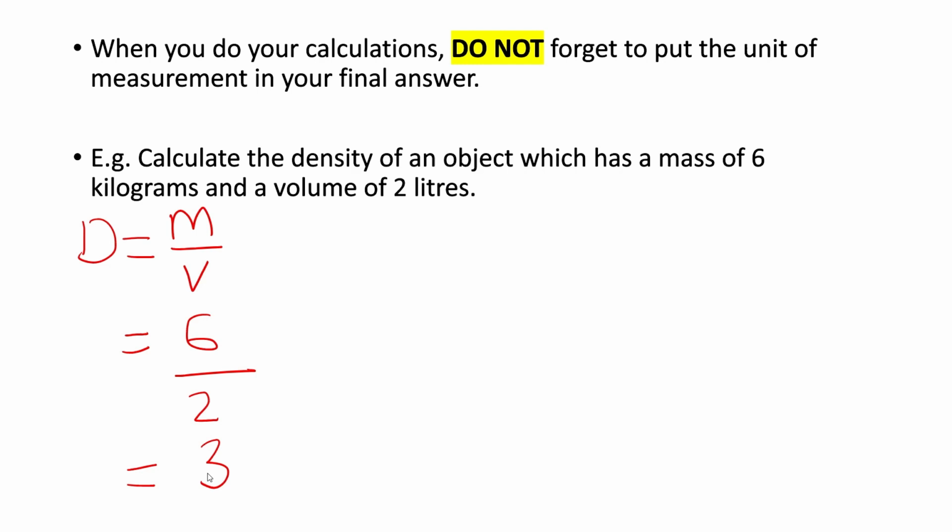However, I must include my unit of measurement, which is kilograms per liter. So I get 1 mark for my correct formula, 1 mark for the correct substitution, and the final mark for the correct answer with the unit of measurement. If I forgot to put kilograms per liter in my final answer, I would not have gotten the 3rd mark.